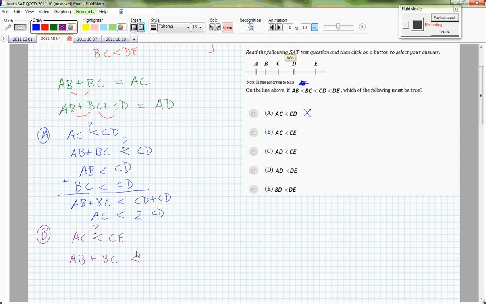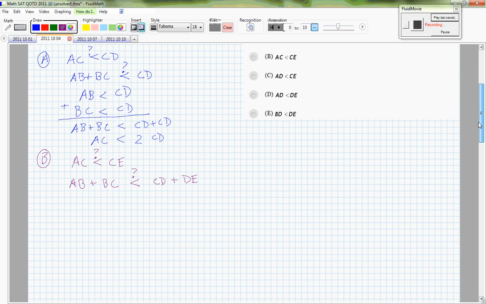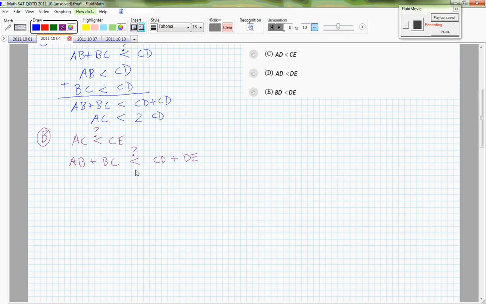And let's recall that CE is really CD plus DE. Is that true? So now that we have them all written out, these are the true statements, so no question mark over the inequality. We know that AB is less than CD. And we know that BC is less than DE.